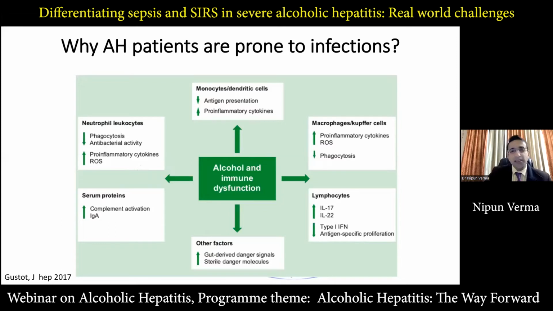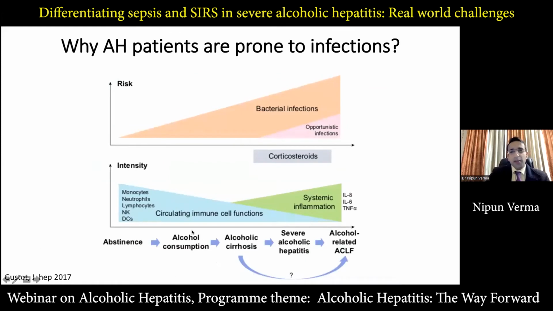That is, on stimulation by PAMPs, they were not able to produce more than one cytokine, meaning that these monocytes or neutrophils in patients with alcoholic hepatitis are grossly defunct and not able to clear PAMPs or DAMPs. Thereby, they are just secreting cytokines and causing immunopathological damage.